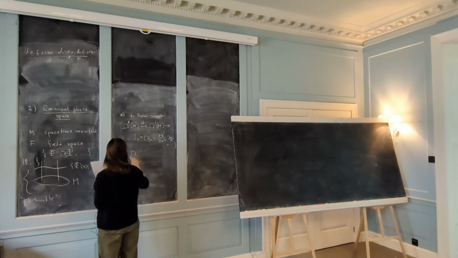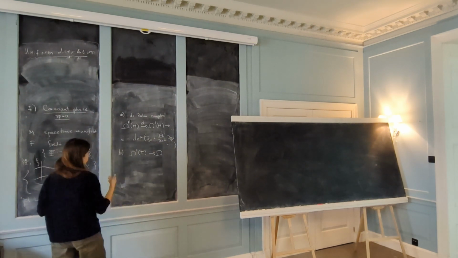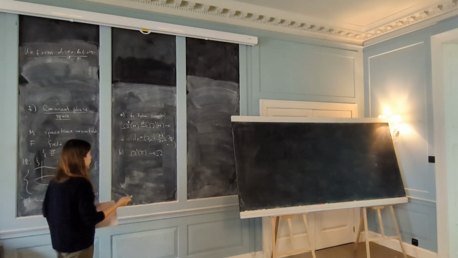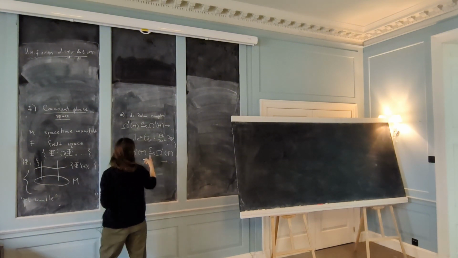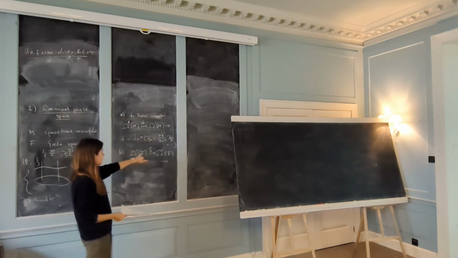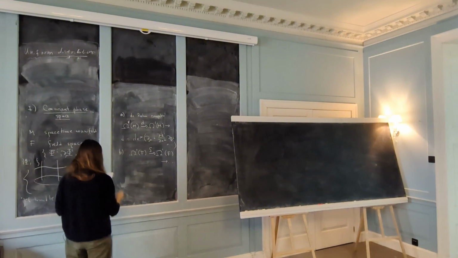Here again, we can define 0-forms, 1-forms, and so on on field space. The exterior derivative I'm going to denote by this delta, instead, to distinguish it from the spacetime exterior derivative.